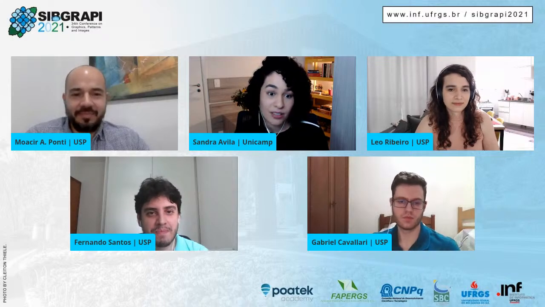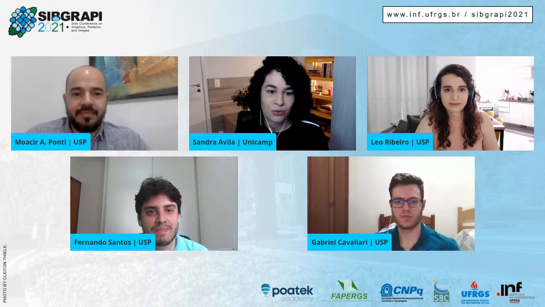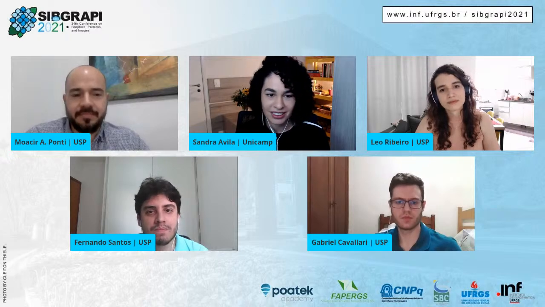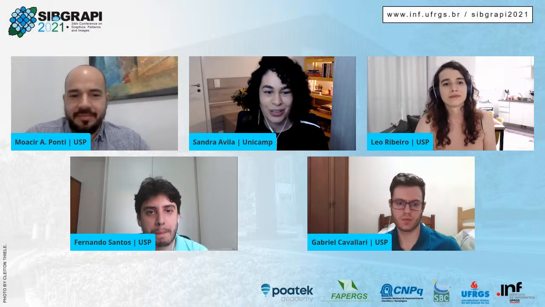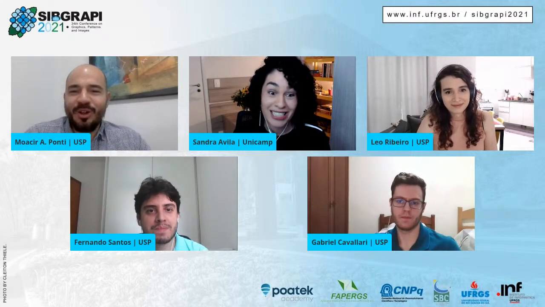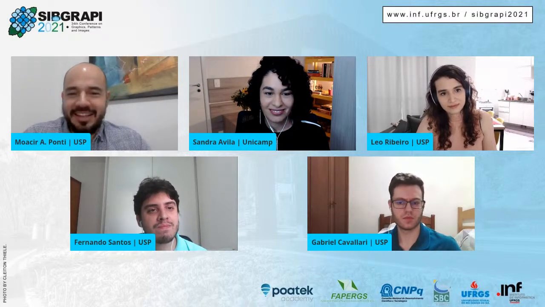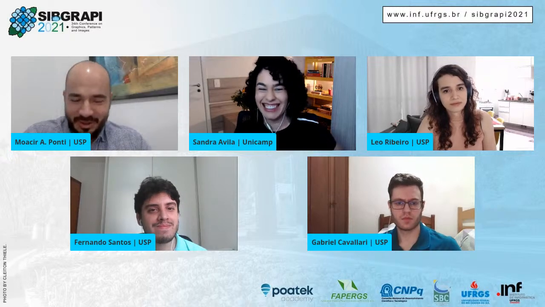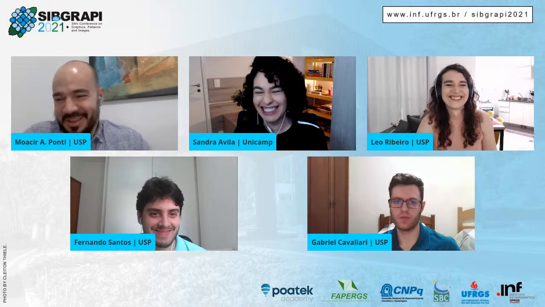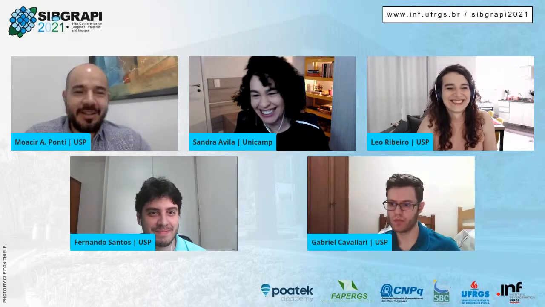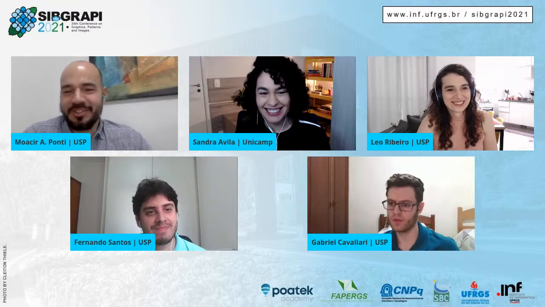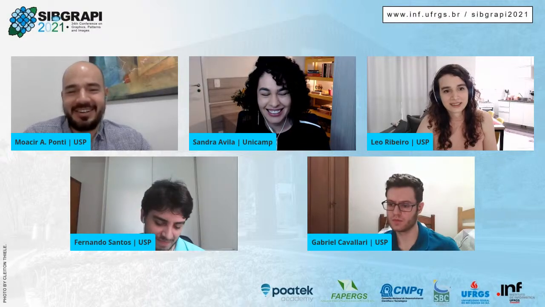Maybe we never solve that for deep learning because we are dealing with neural networks. I know a possibility to solve that. Yeah, some people are working on that. I'm working on that. Yes, I was going to mention that lots of researchers, I know researchers at Unicamp, are working on that.